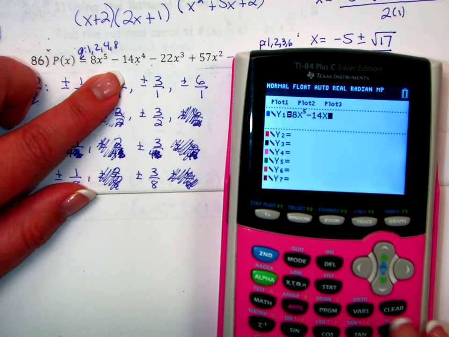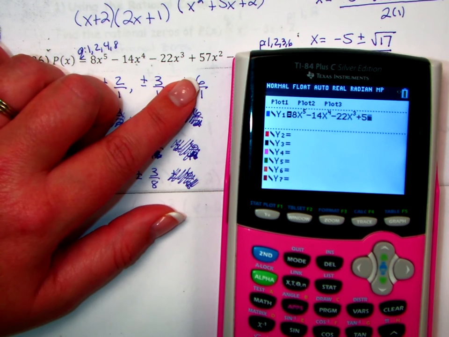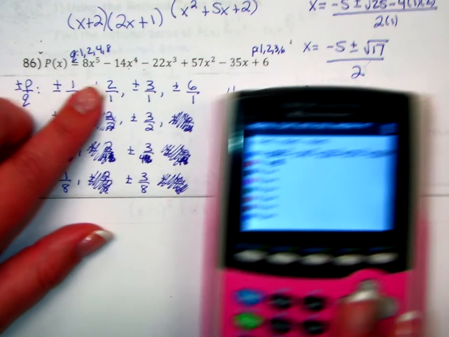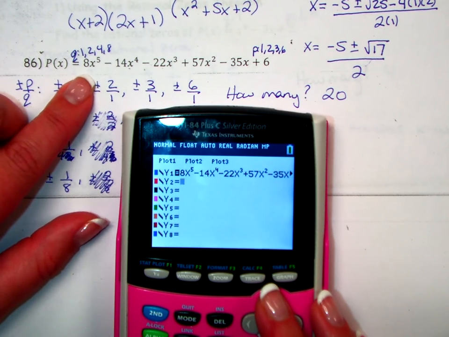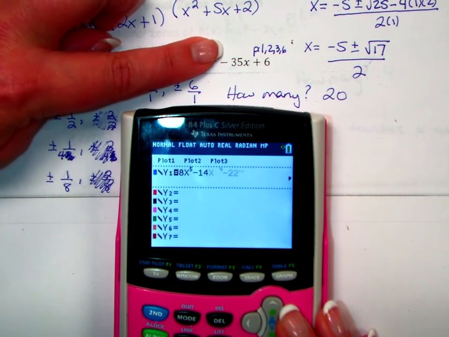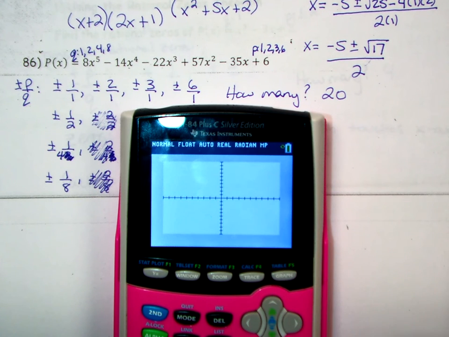So I'm going to type the function into the calculator. I'm going to double check. Looks good. All right, graph.